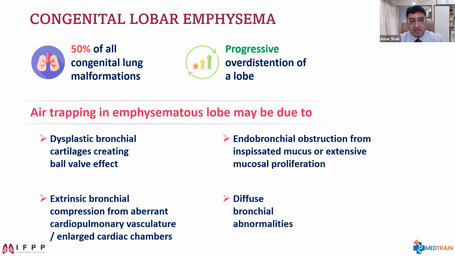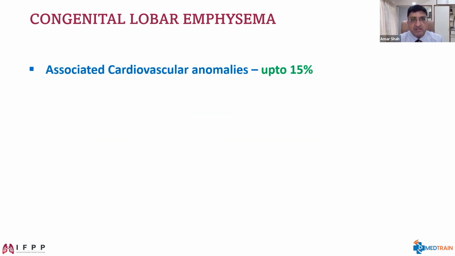Diffuse bronchial abnormalities may also be a cause of congenital lobar emphysema. Associated cardiovascular anomalies may be seen in up to 15% of these cases.